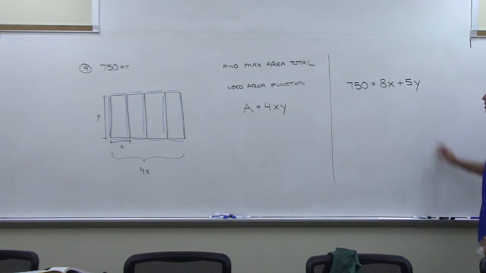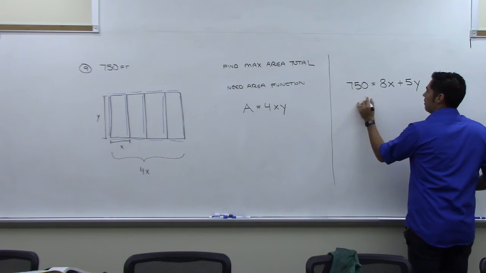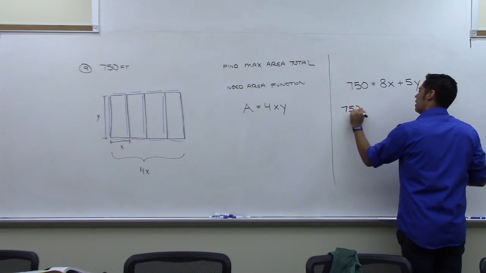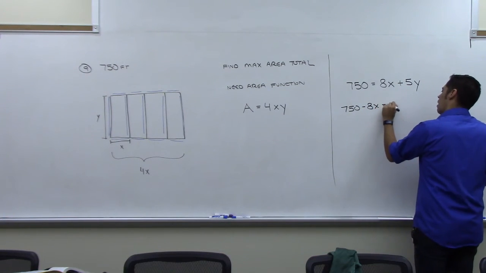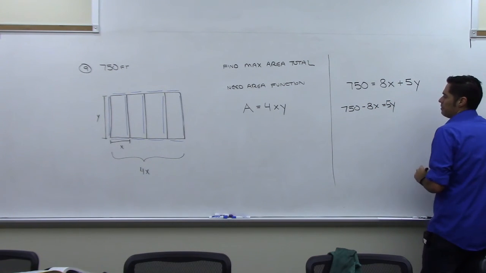Now I can solve this for x or y, and I'm going to solve it for y. So 750 minus 8x equals 5y, and let me divide by 5.